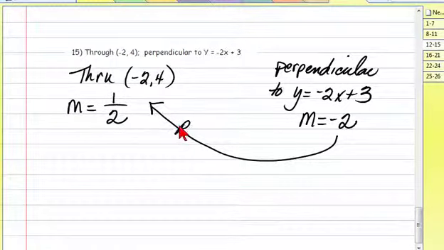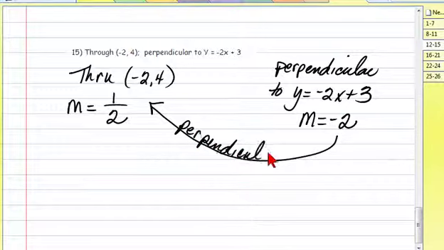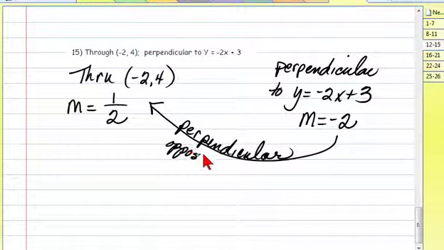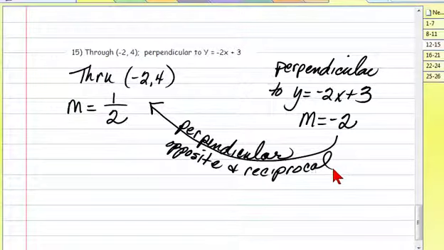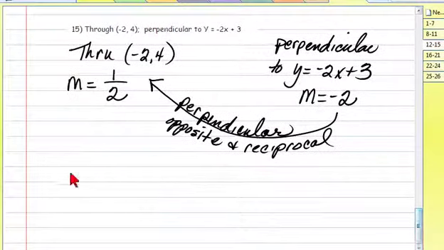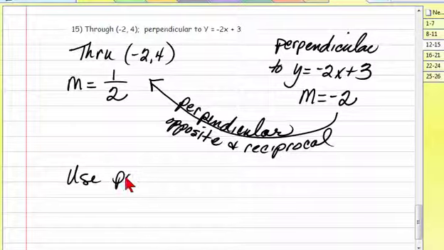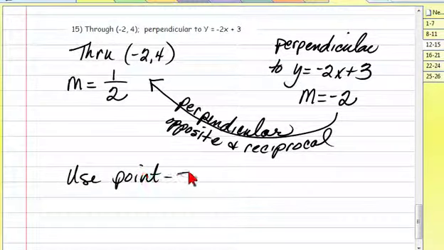So, when you see the word perpendicular, you have to remember opposite and reciprocal. And now, you have a point, you have the slope. Point, slope. Now, your test questions should be like these.